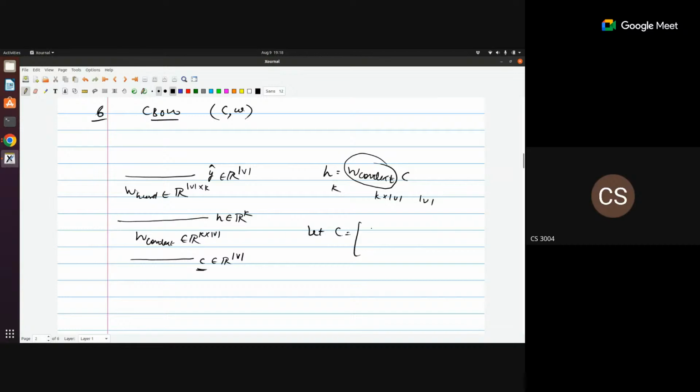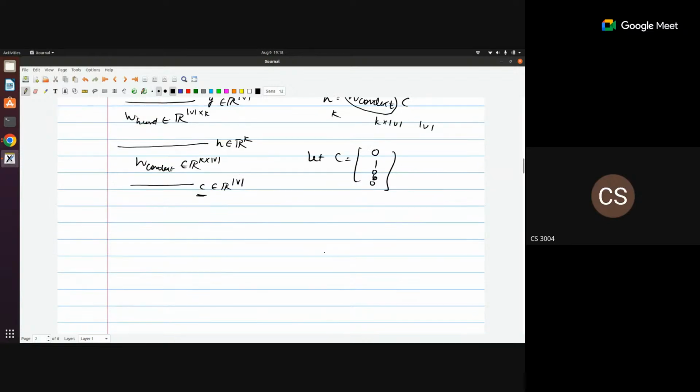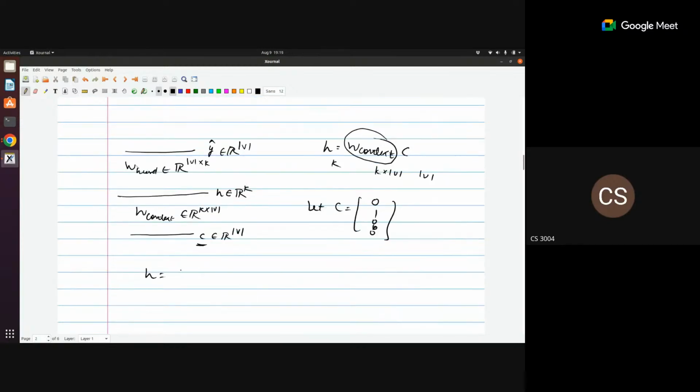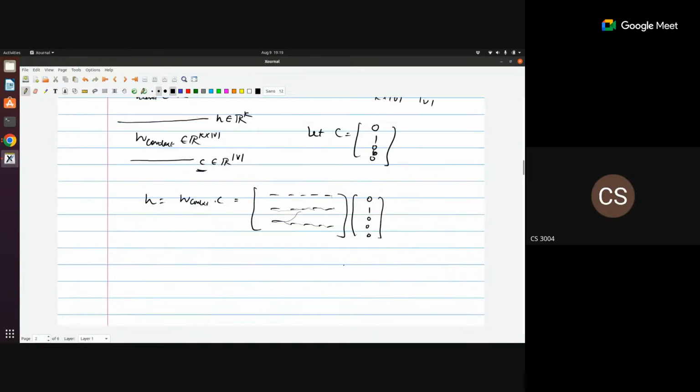C is a one hot vector, something like this. What would H be when you multiply W context with C? Let's say W context is some matrix. You multiply this by a one hot vector.